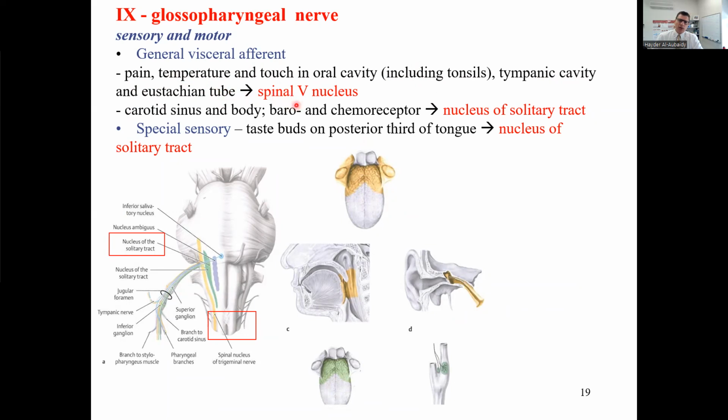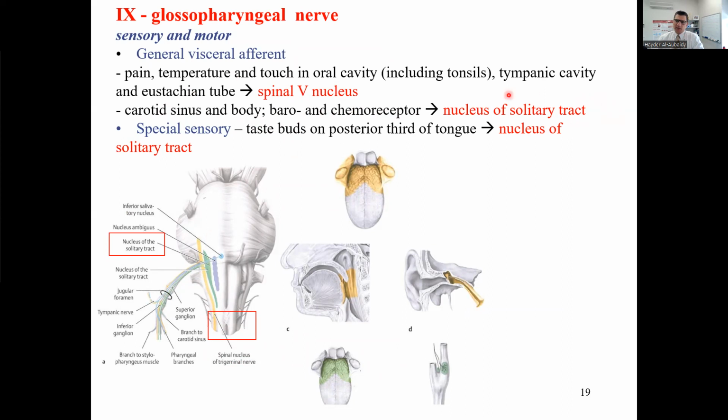The information comes via the glossopharyngeal nerve, with synapses at the lower parts of the spinal trigeminal nucleus. So this spinal trigeminal nucleus has dual function. One part is part of the trigeminal pain pathway, and it also represents a synapse for the sensory inputs carried via the glossopharyngeal nerve. It also carries input from the carotid sinus and carotid body, baroreceptors and chemoreceptors.